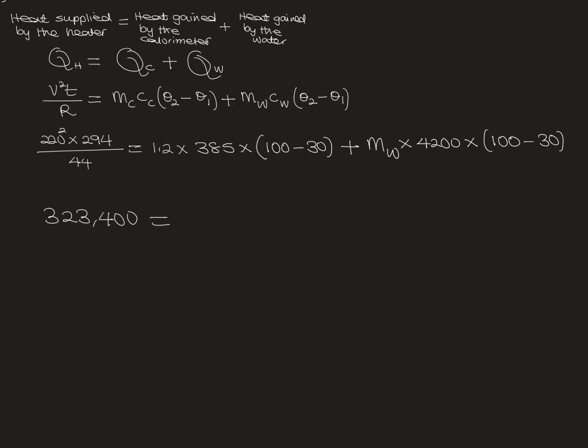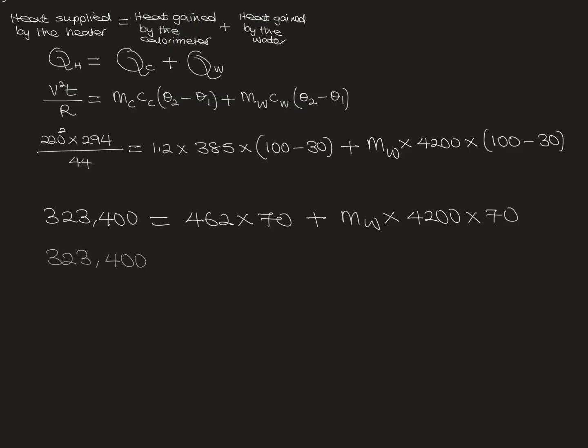This is equal to 1.2 times 385, which is 462, multiplied by 100 minus 30, which is 70, plus the mass of the water multiplied by 4,200 multiplied by 100 minus 30, which is 70.